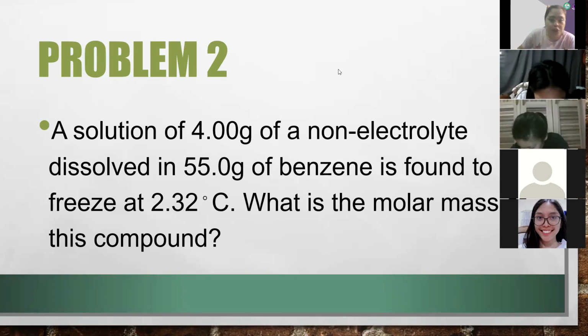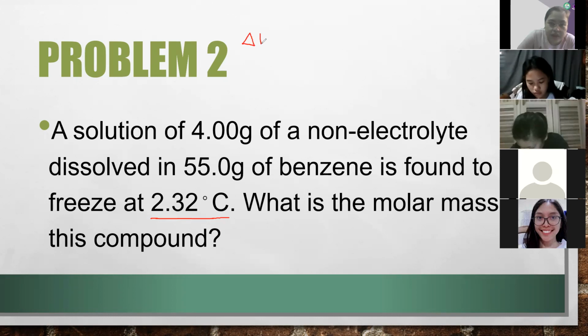We are going to look for the molar mass of the compound and take note that the freezing point is already given in the problem. So baliktad yung ating pag-compute nito. But we are going to use still the same formula.